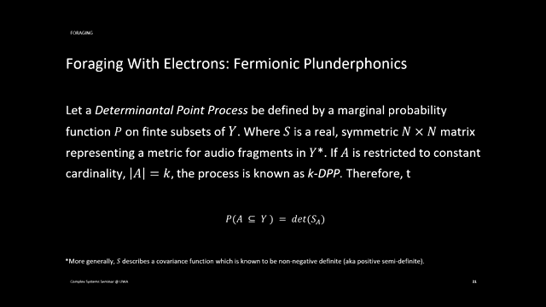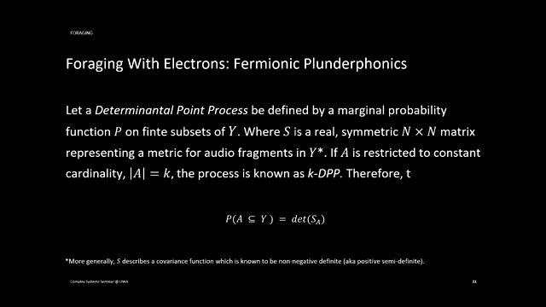The requirement of this probability function is that it has to be symmetric. In this case, it represents a similarity metric of audio fragments. And if we restrict these different subsets to be of a particular size, we call this a k-DPP process.